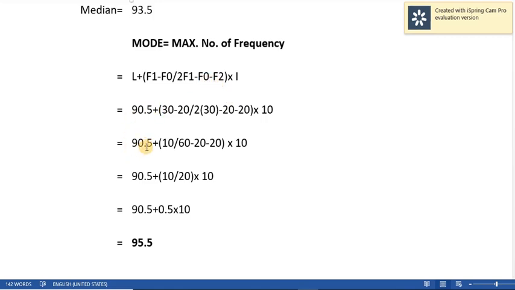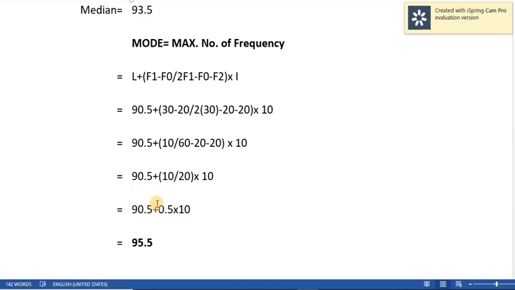Then 90.5 as it is, plus 30 minus 20, 10, divided by 2 into 30 which becomes 60, minus 20, minus 20, into 10. So 60 minus 20 is 40, 40 minus 20 is 20.